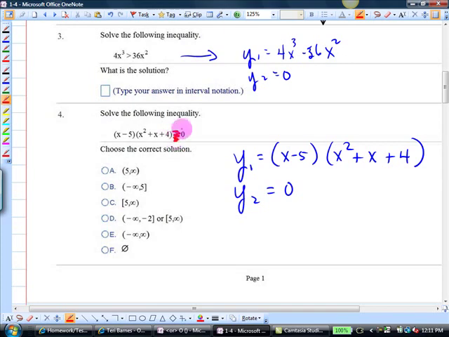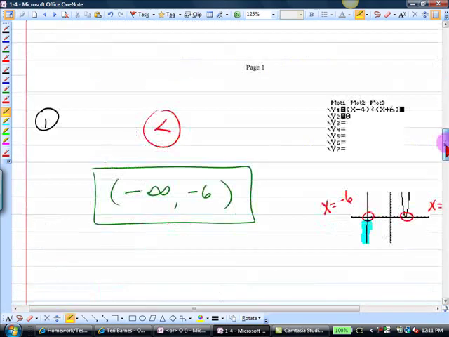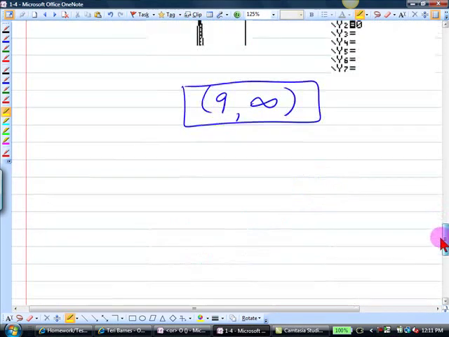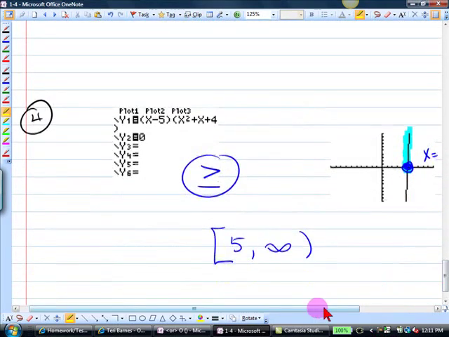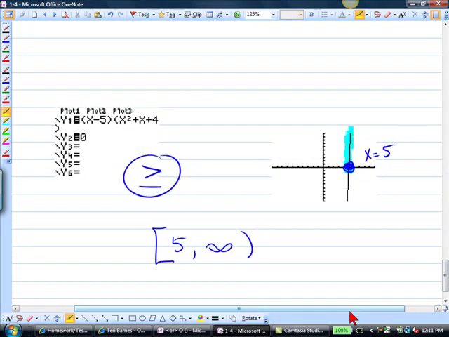Right there. It has an equals. So in your answer, you're going to have some brackets. We haven't had too much of that. I think I have that one actually done as well. So we're only worried about the part above the x-axis, and it's a closed-in circle, so we have a bracket, comma, infinity.